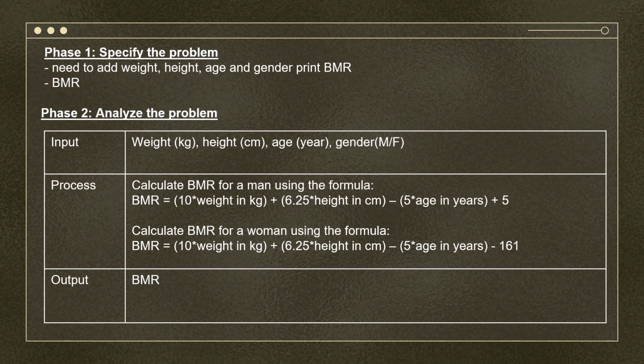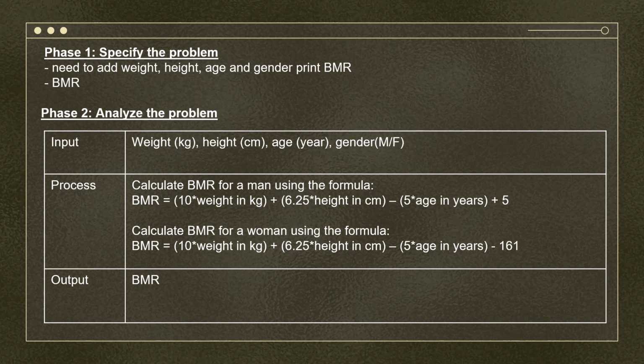For the process, we need to calculate BMR for a man using the formula BMR equals 10 multiplied by weight in kg plus 6.25 multiplied by height in cm minus 5 multiplied by age in years plus 5.